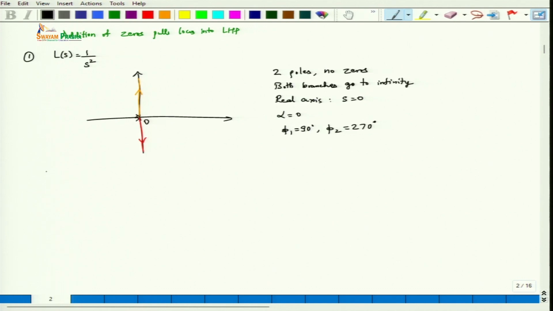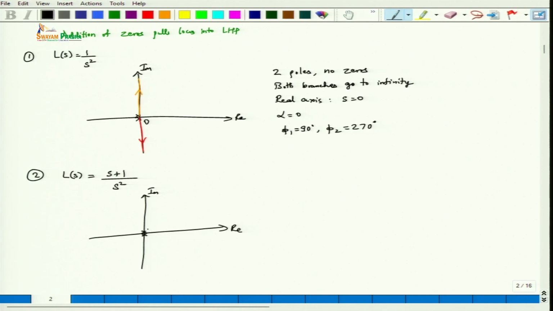Now let us consider a second example where we have the same pole locations, but now we will add a zero at S is equal to minus 1. So, based on this we will first start with the poles.